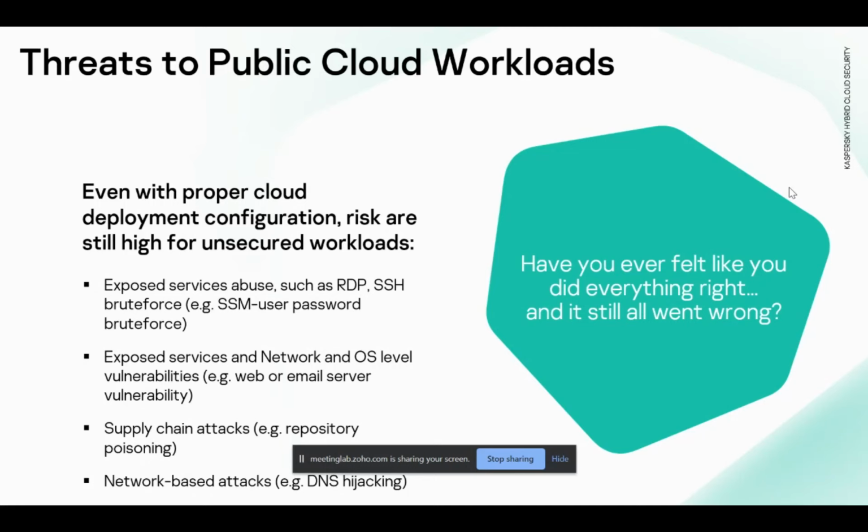So your credentials can be compromised, and you have exposed services at the network and OS level. As I mentioned, once you deploy a VM, once you deploy an instance in the cloud, you as a customer are responsible for protecting that OS, for protecting your subnet, for protecting your security group or whatever.